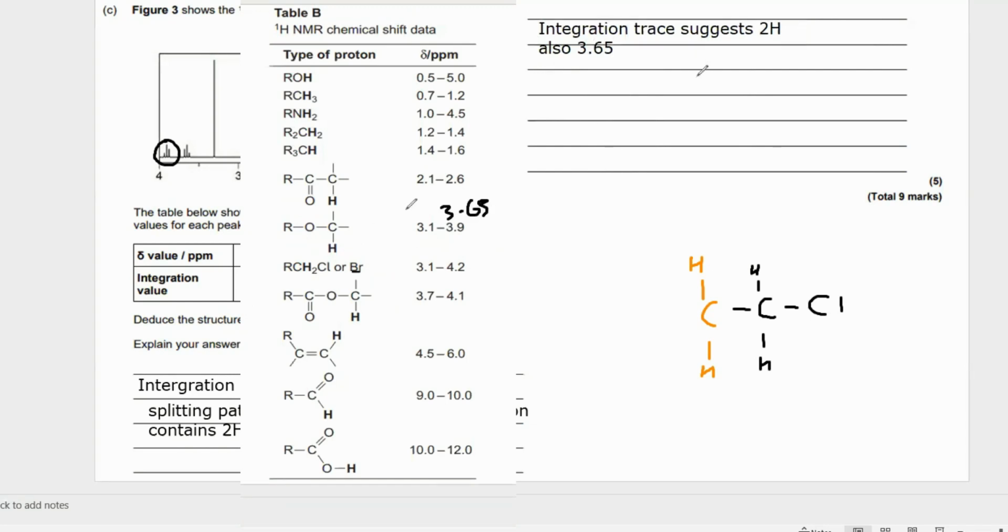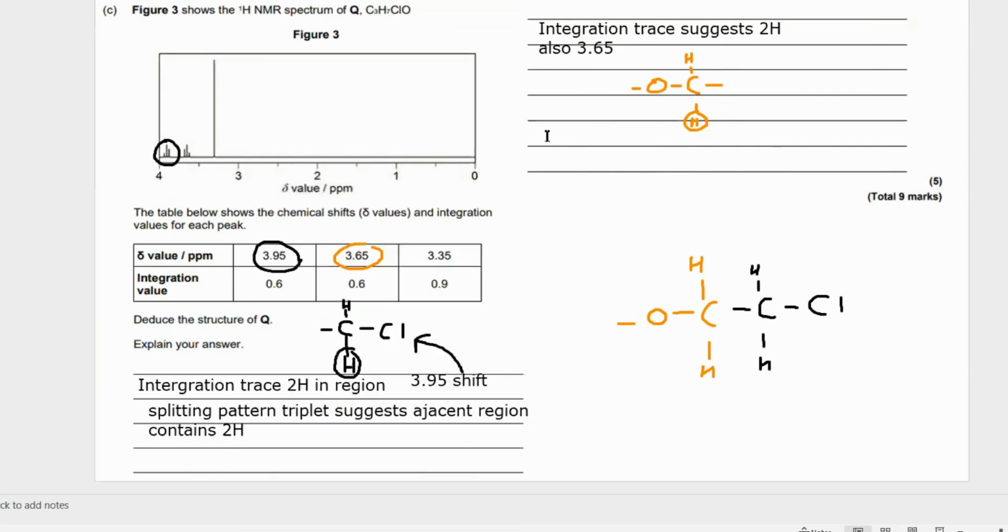Well, it's not going to be another halogen because we've only got one of them in the molecular formula. So it must be this ROH. The H in bold, the one I've circled in orange here, is the one we're looking at. And what's attached to it must be an O with another H. So I've added that to my structure down below.